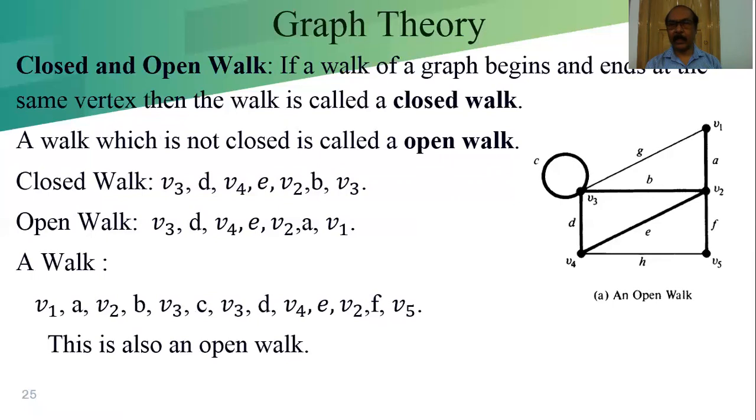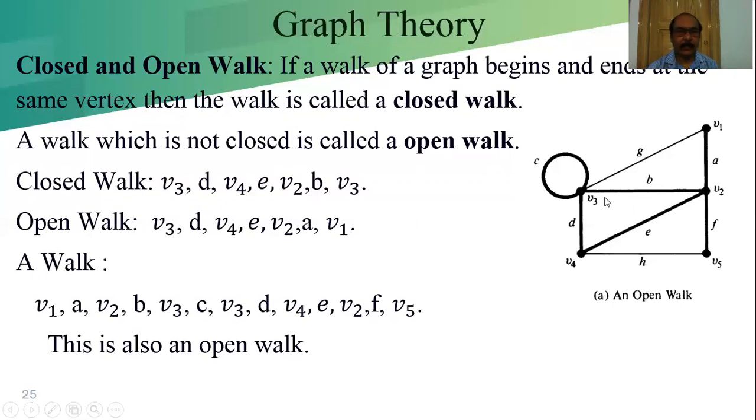If a work of a graph begins and ends at the same vertex, then the work is called a closed work. A work which is not closed is called an open work. That means the start vertex and end vertex of a work are different, then it is known as an open work.